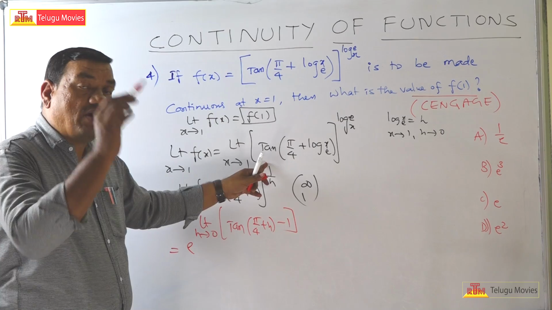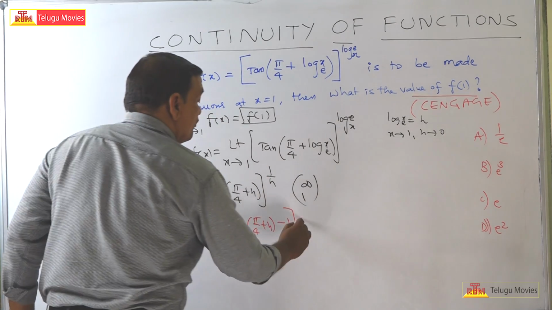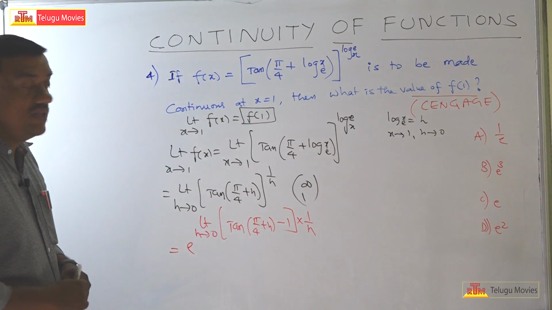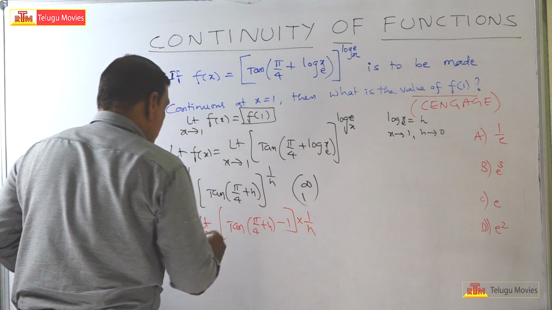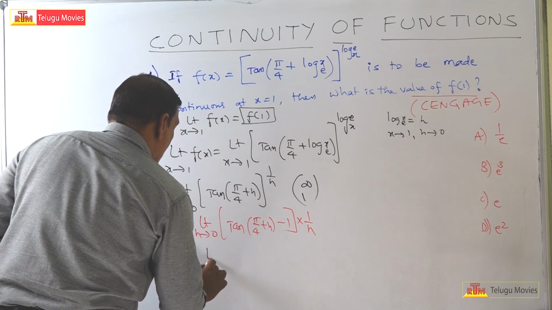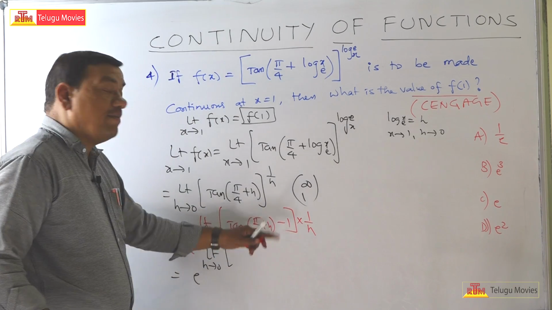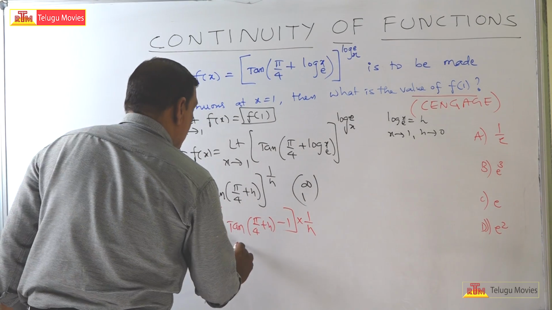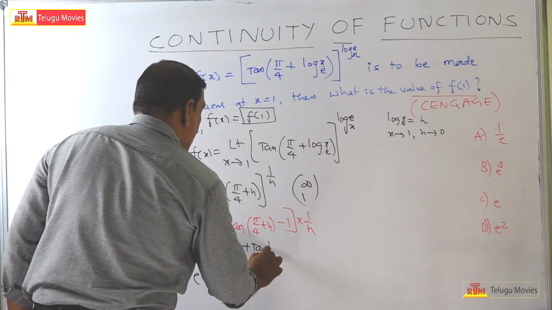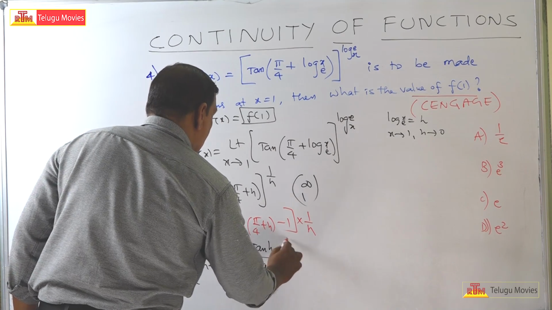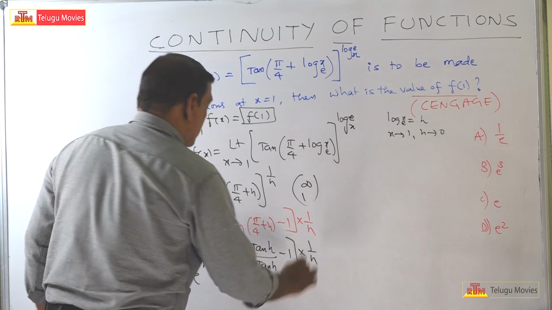Whatever is in the power becomes the coefficient, that is 1 by h. Then start the problem. So this is equal to e to the power of limit h tends to 0, and tan of a plus b means tan a plus tan b by 1 minus tan a into tan b, minus 1, into 1 by h.